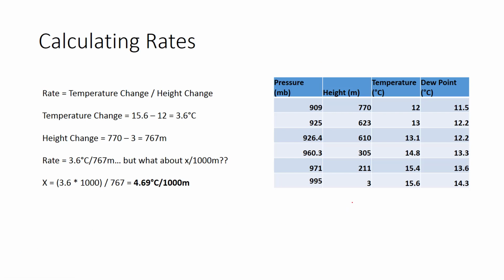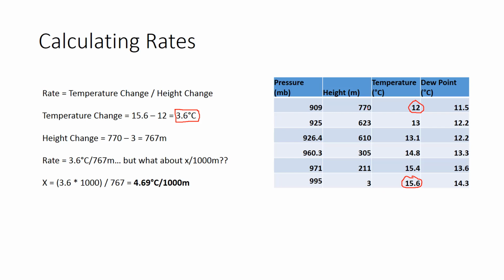The temperature closer to the bottom of the table is 15.6, and the temperature at the top of the table is 12. So to calculate the change in temperature, you take the temperature at the bottom of the table and subtract the temperature at the top from it, giving us a temperature change of 3.6 degrees Celsius. Then you look at the difference in the height from the bottom of the table to the top of the table.